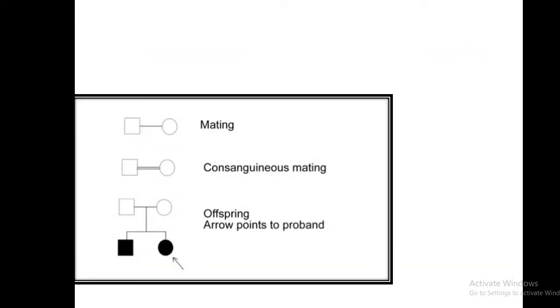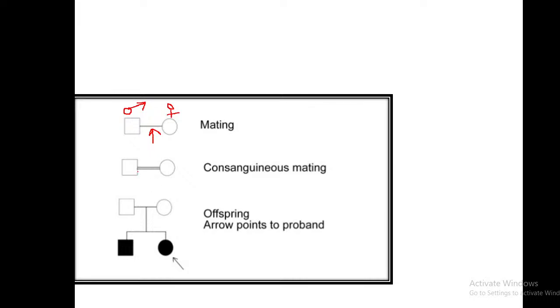Now, if a single line is shown between the male and the female, this is male and this is female, that represents mating. This line represents mating.